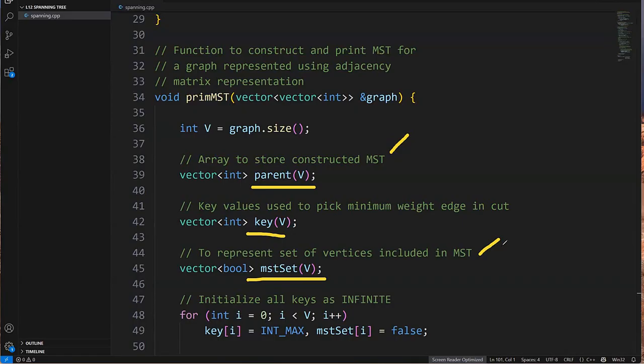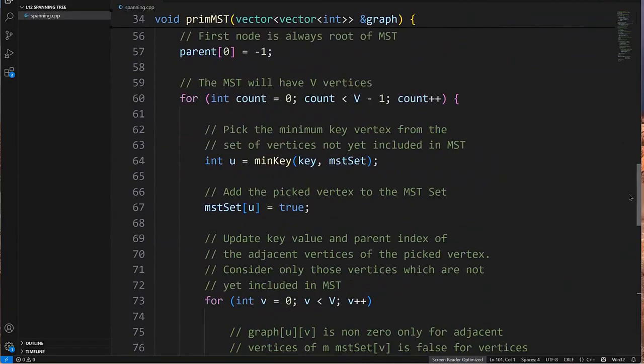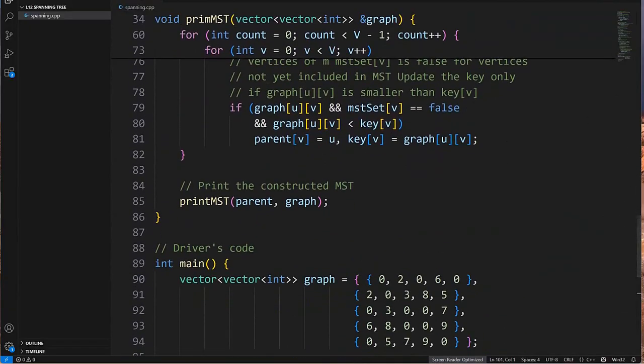But your input is your adjacency matrix. So based on this, you do the print minimum spanning tree algorithm. Right here at the end, you will print the minimum spanning tree. This one is the final stage where you print it.